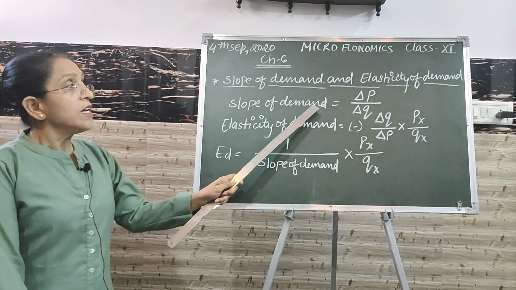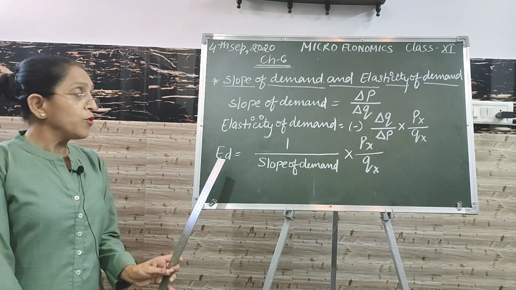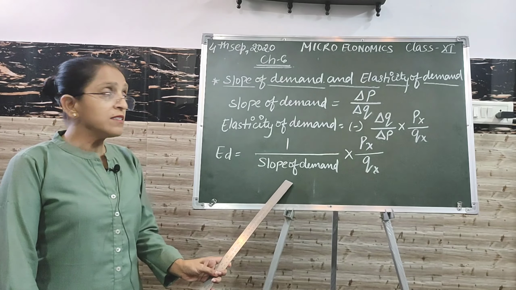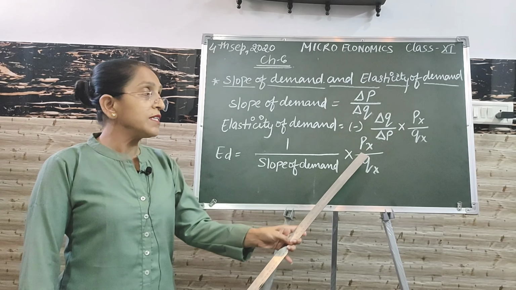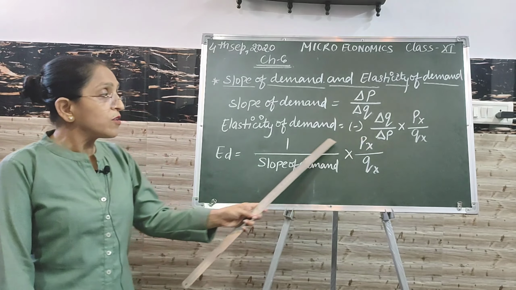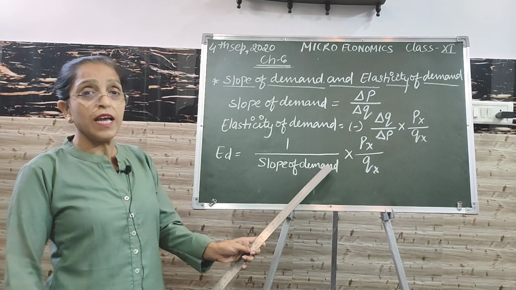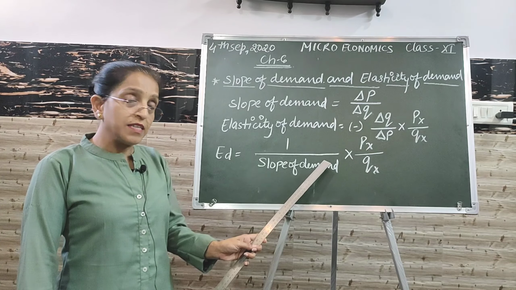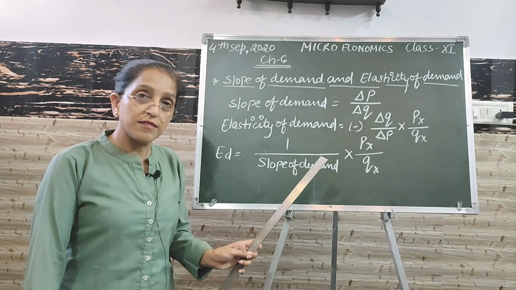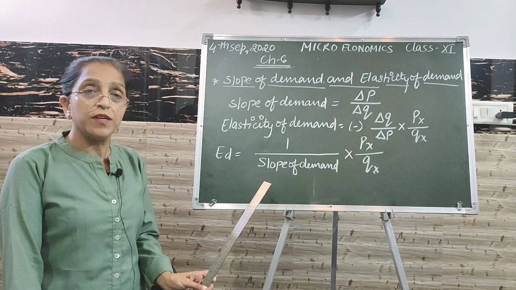Mathematically, when we use these two equations together, we come to know the formula for the elasticity of demand is 1 upon slope of demand multiplied by price of commodity upon quantity demanded of commodity. So this is an alternate formula for calculating elasticity of demand, as we have the percentage formula of elasticity of demand and the proportionate way of calculating elasticity of demand. Now we have one more formula for elasticity of demand.